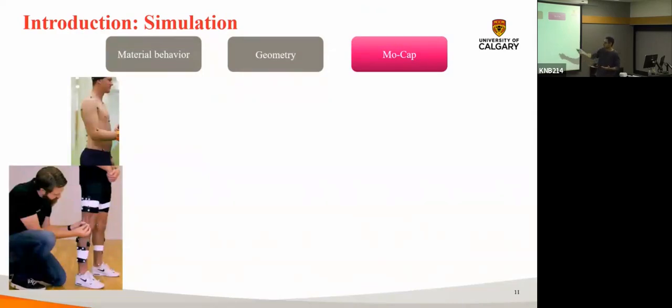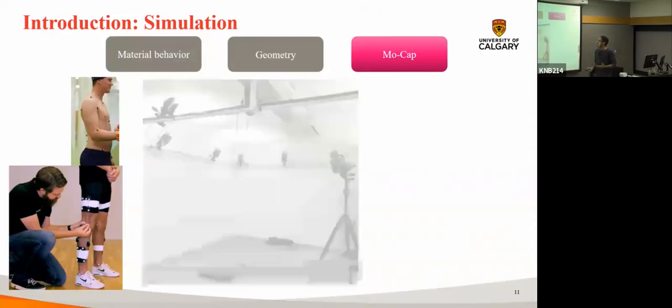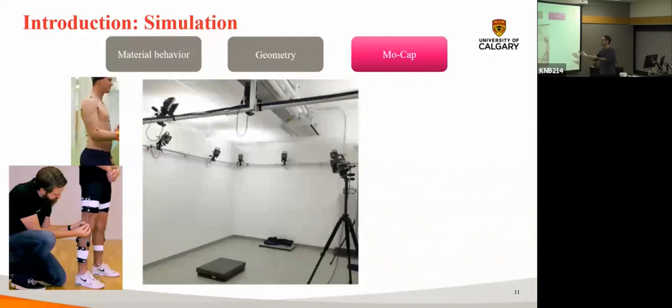So you place some reflective markers, and then you have some cameras, like 9, 10 cameras, and these cameras can track these reflective markers. So imagine you have a point cloud in the space, and they can track these markers with time.